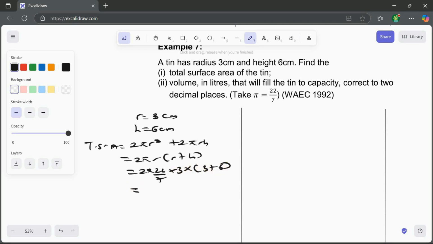So 2 times 22 times 3 divided by 7 would give me 132/7 times 3 plus 6, which is 9. So 132 times 9 divided by 7 will give me 169.71 centimeters squared.